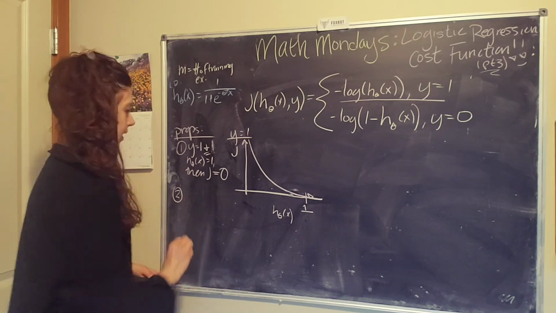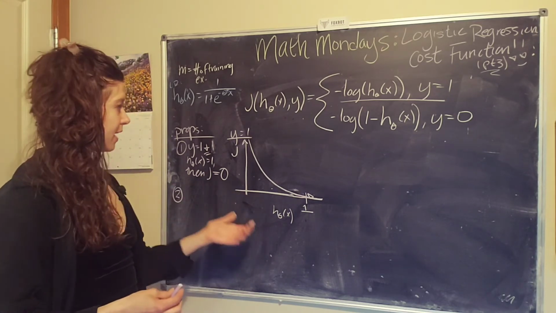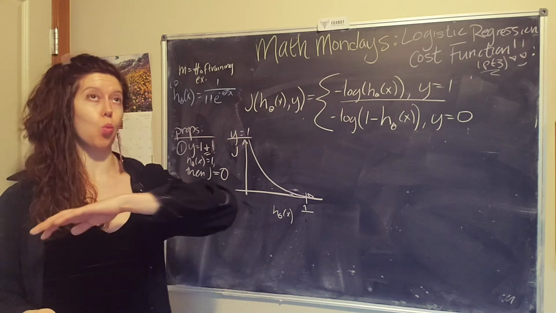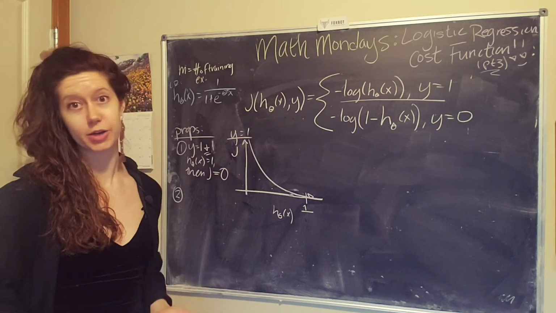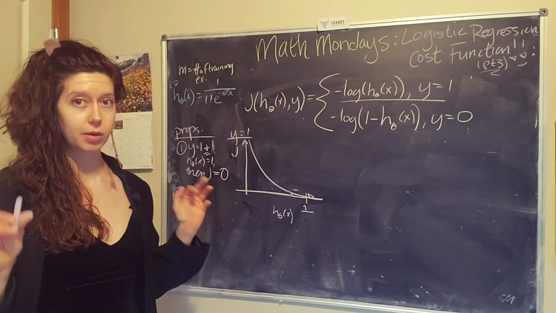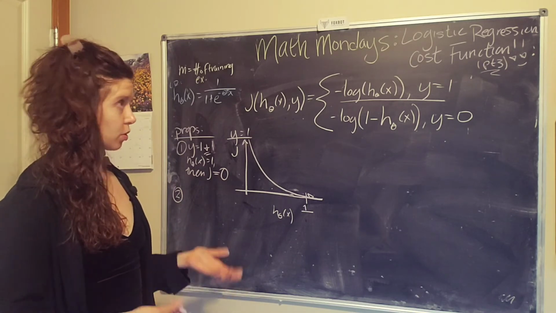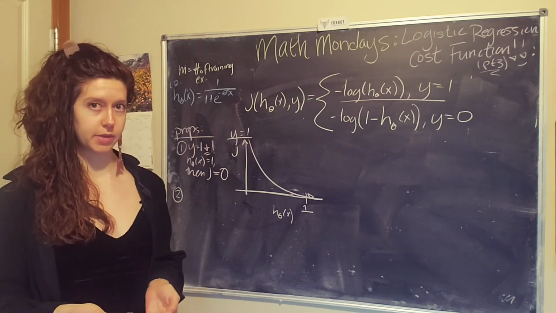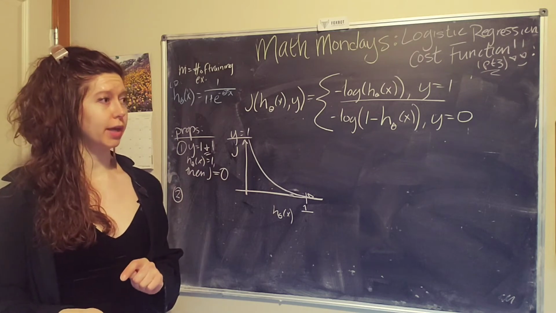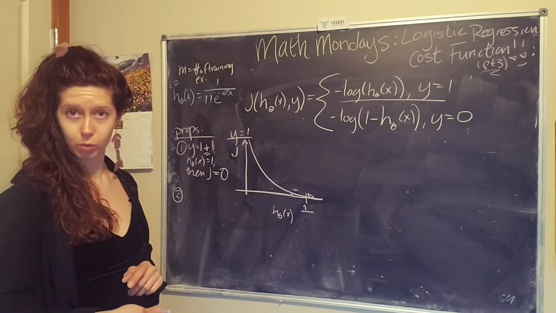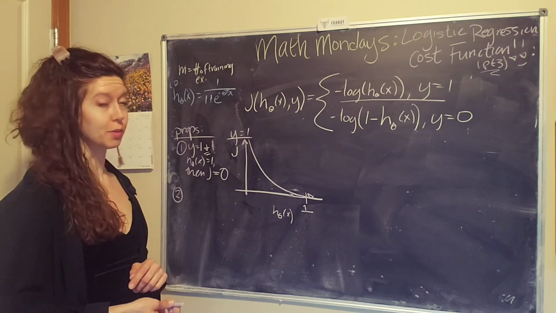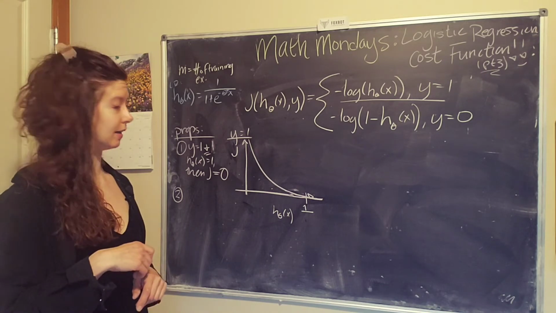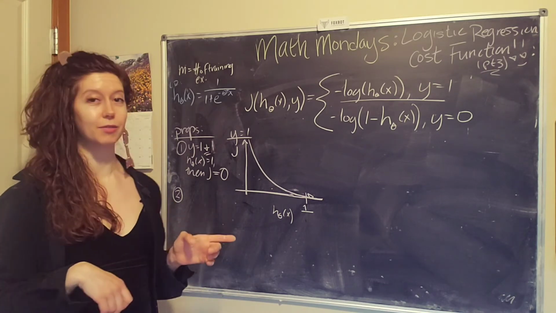The other thing that we want is if our predicted value is way off of the actual value, we want to make sure that we penalize that, so that we're not going to get a machine learning algorithm that says this planet is definitely habitable when it's not. Future humans will be very happy that we made sure that was not an outcome.